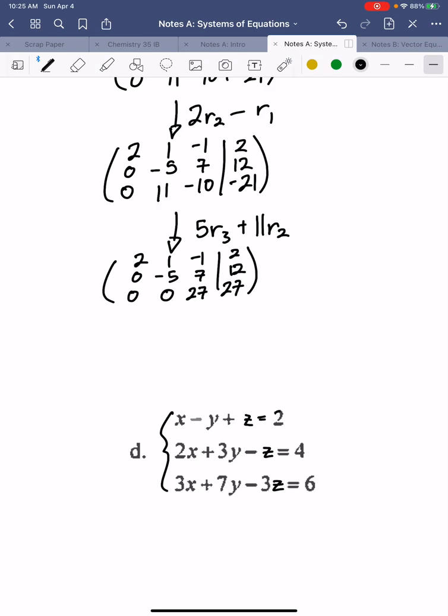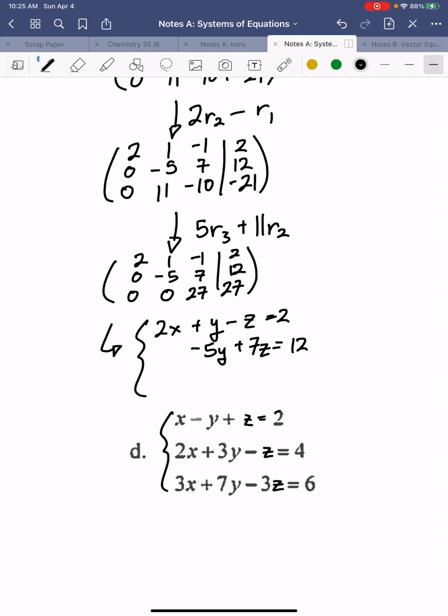So this is fun. Now that these parts are 0, we can turn this back into a system. 2x plus y minus z equals 2. Negative 5y plus 7z, I wrote z by accident, so 7z equals 12.